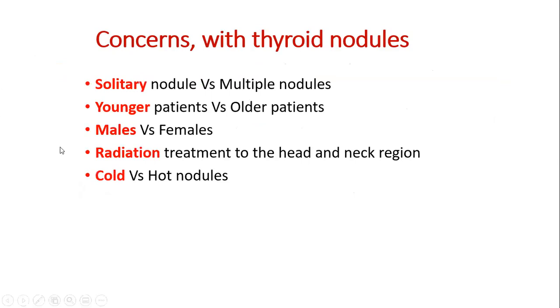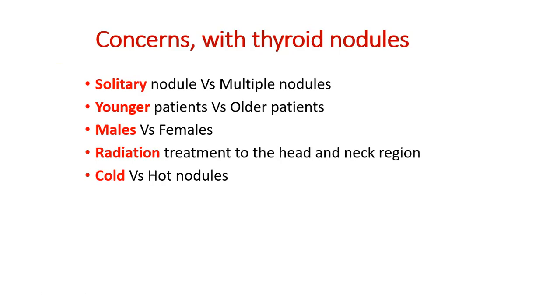Whenever you come across a patient with a thyroid nodule, you have to do a very clear clinical workup, with proper history and proper examination: when it started, whether it is painful, and what the other clinical presentations are. You should know about the neck swelling, whether it is of thyroid origin or not, which moves with deglutition, or whether it is any other condition. You have to keep a differential.